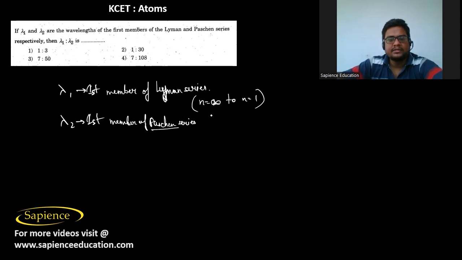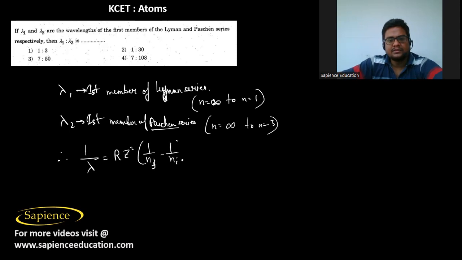And the first member of Balmer series also similarly, it will be from n equal to infinity to n equal to 3. So therefore, we can say that 1 by lambda is equal to R Z square into 1 by n final minus 1 by n initial.